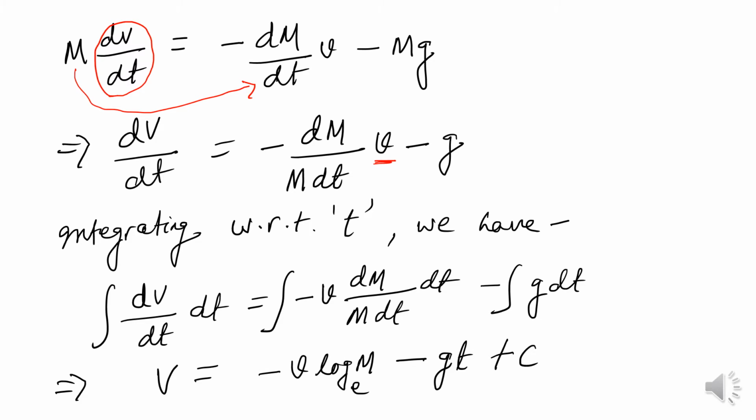Integrating with respect to t, we have the integration of dV/dt, so we get the integration of dV is V, and then minus small v dm/M dt into dt, and minus g dt, where g is constant, so take it out. So V equals minus v times the integral of dm/M, which gives ln M, minus gt plus c, where c is the constant of integration for the indefinite integral.